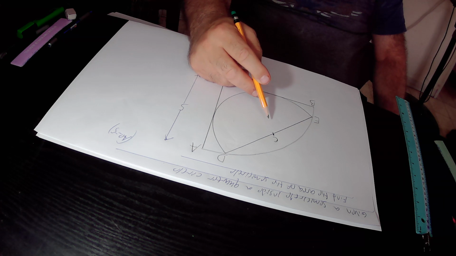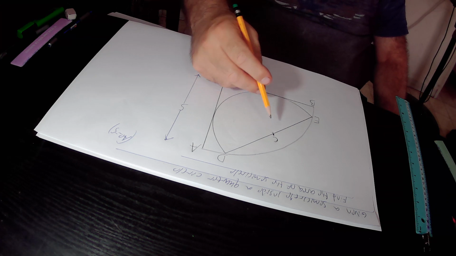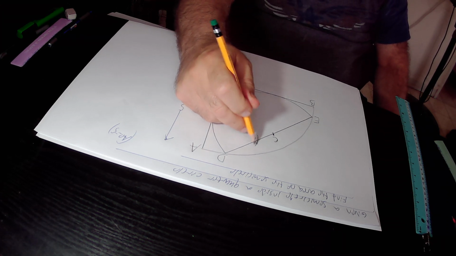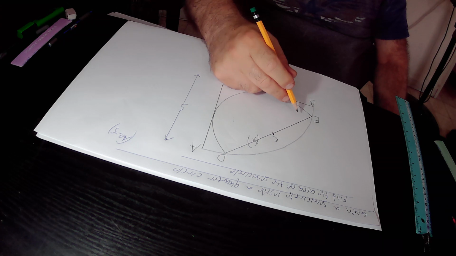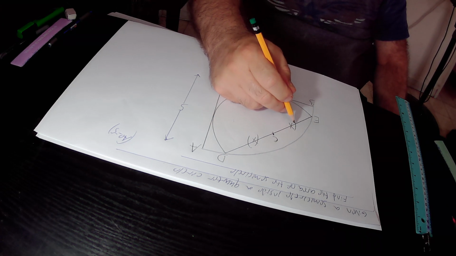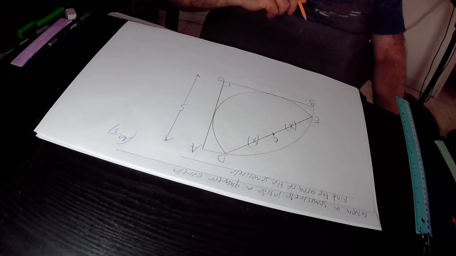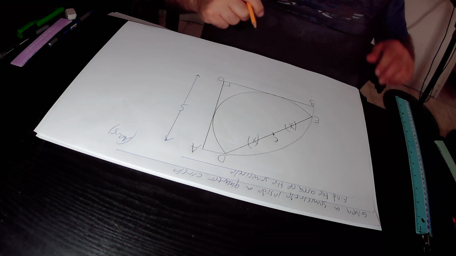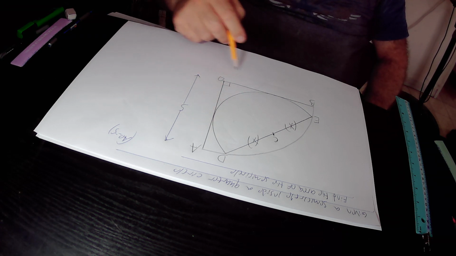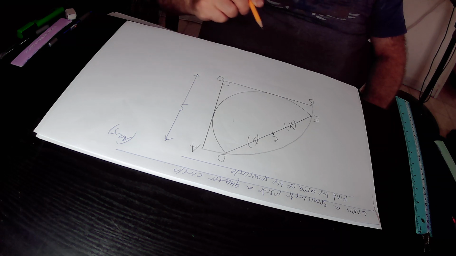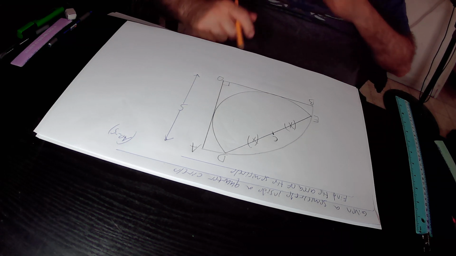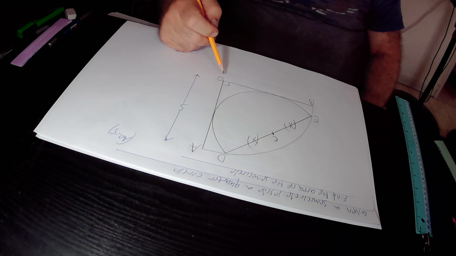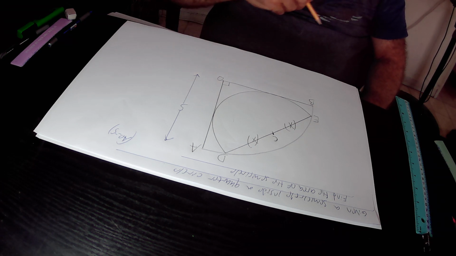So we will define the radius of the semicircle as x. So CD equals x and CE also equals x. They are both the radii of this semicircle. And we know that angle AOB equals 90 degrees in its size.